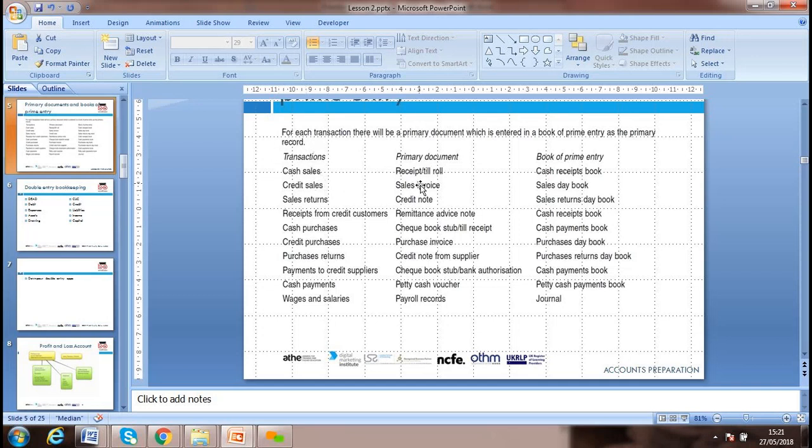Then we have prime documents like sale invoices and credit notes. What is meant by credit note? Credit note is like when you bought something, Danny, and you give that thing back to the company. They're not giving you cash back. They are giving you a piece of paper. It's called a credit note.